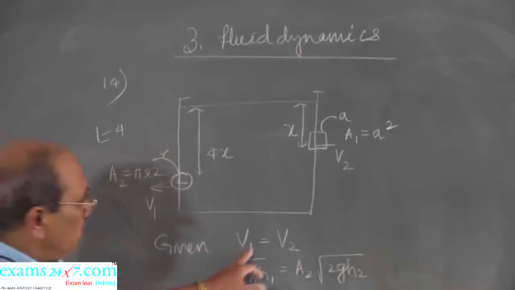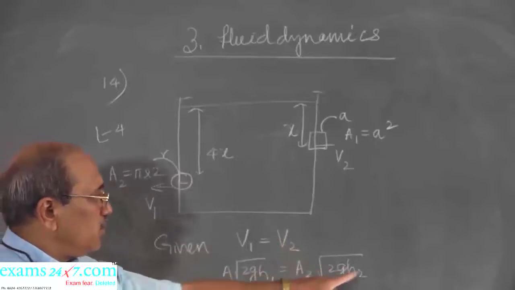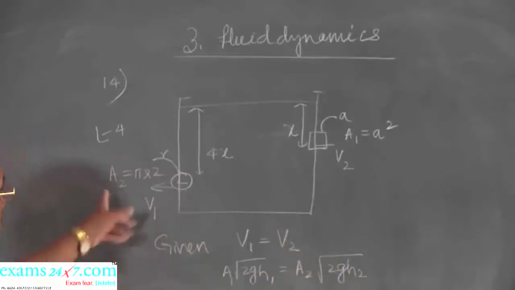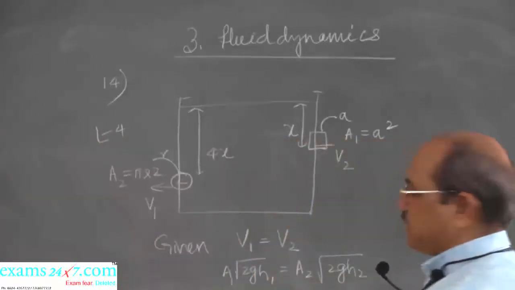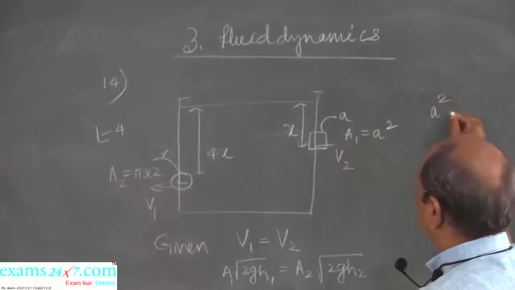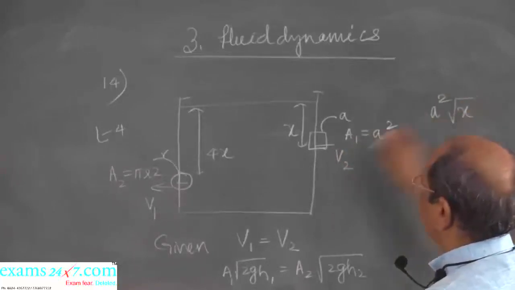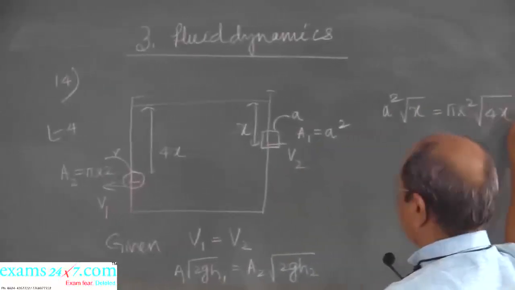So here is the given condition: A1 into root 2gh1, A2 into root 2gh2. But the areas are different. When we substitute the values, 2g cancels, leave it. A1 can be written as A square into root x is equal to pi r square into root 4x.